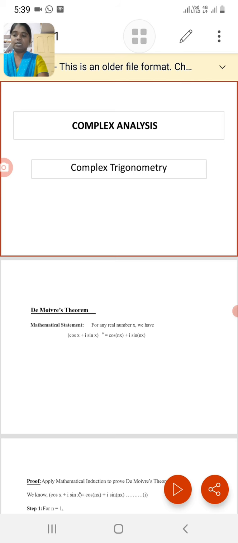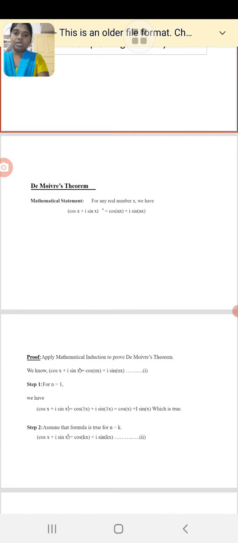The name of the theorem comes from the great mathematician De Moivre, who made many contributions to the field of mathematics, mainly in the areas of algebra as well as probability. Today we will go for the most important theorem, that is called De Moivre's theorem.